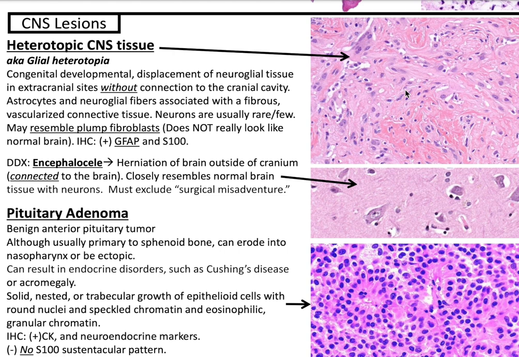Neurons are usually rare to few, and it may resemble plump fibroblasts, and does not really look like normal brain. It will stain with GFAP and S100. Your differential diagnosis is encephalocele, which is herniation of brain outside of the cranium, but it's connected to the brain, and it closely resembles your normal brain tissue with neurons and prominent neuropil, and you must exclude quote-unquote surgical misadventure.